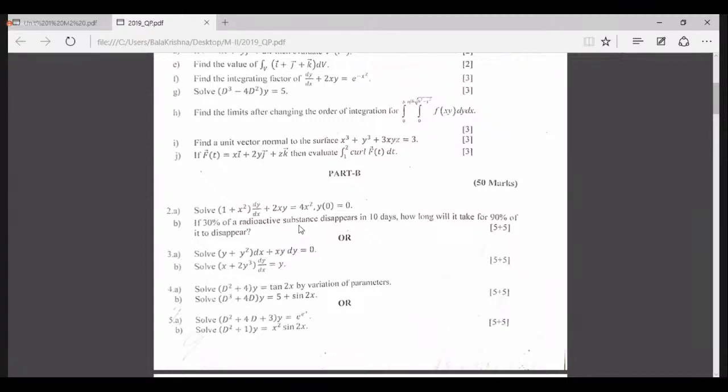That is the reason I was telling you to concentrate more on linear differential equation problems, Bernoulli differential equation problems, and Newton's law of cooling, growth or decay problems. One question, one bit, you will have compulsorily from these three: linear, Bernoulli, and application.